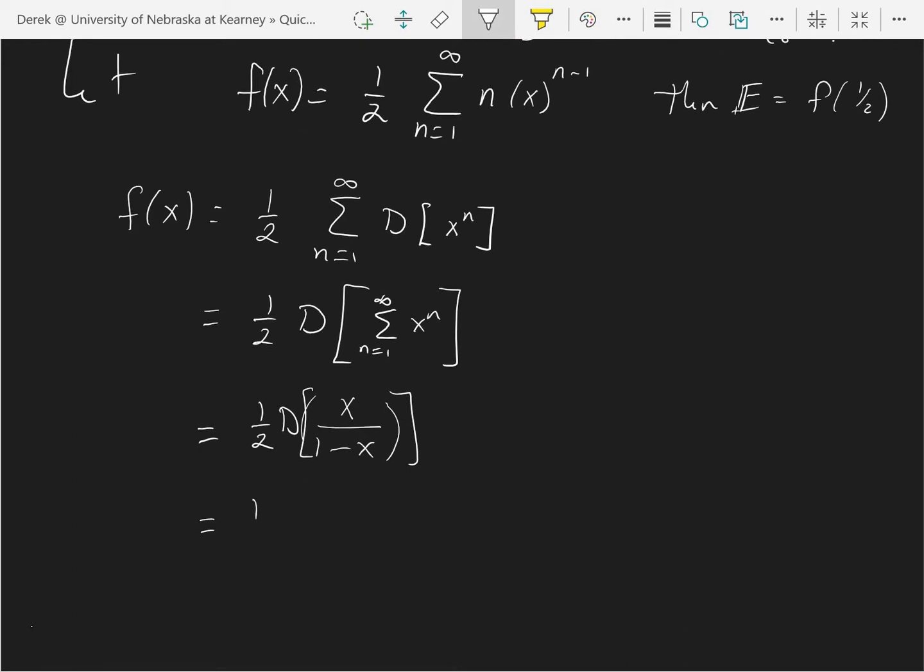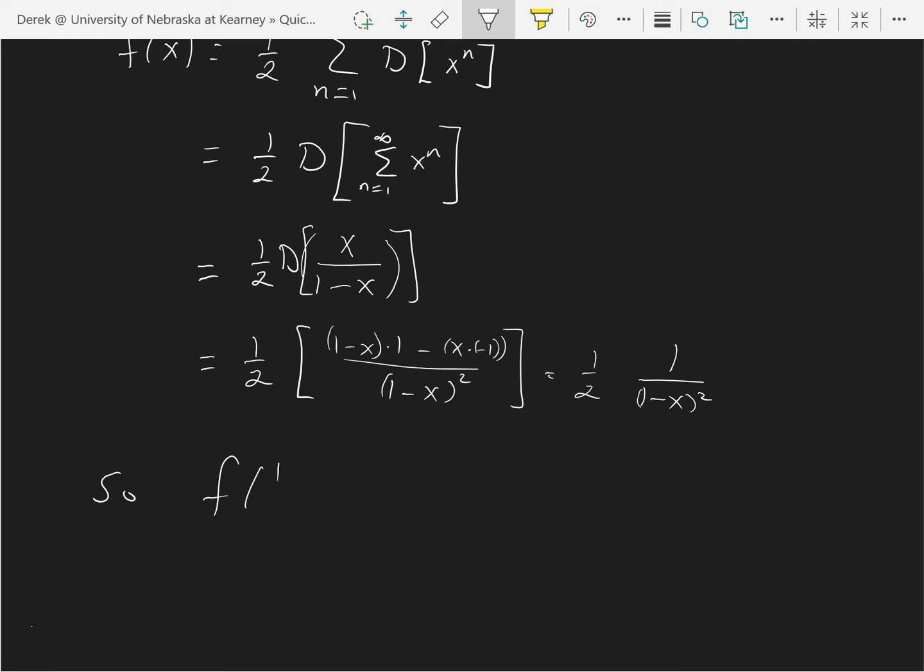So this is 1/2 times, the derivative is low d high, so 1 minus x times 1, minus high d low, so x times -1, all over 1 minus x squared there. So I've got 1 minus x plus x. This is 1/2 times 1 over 1 minus x squared.